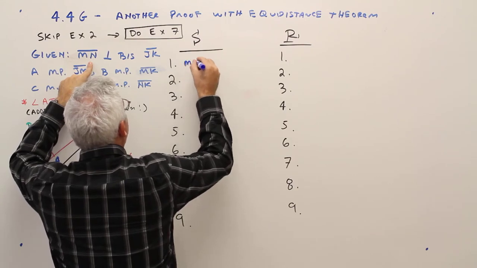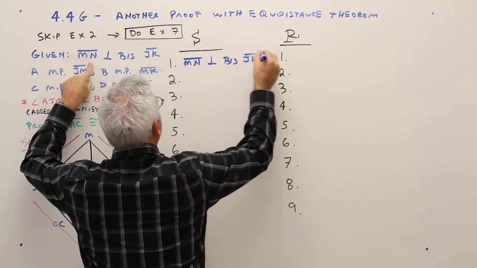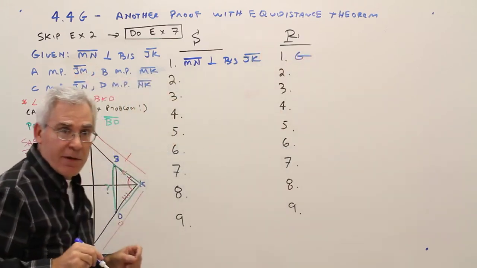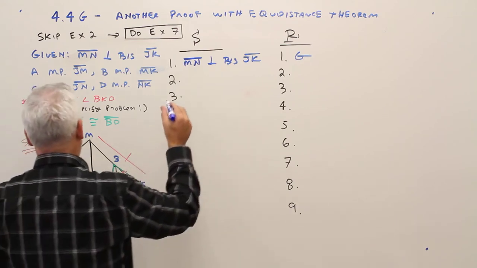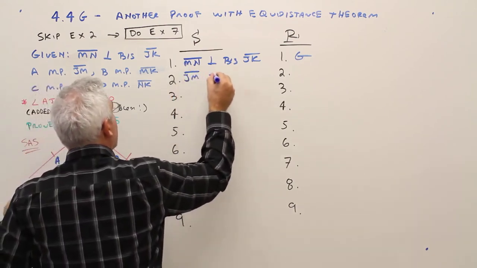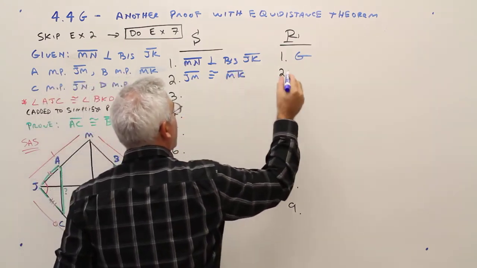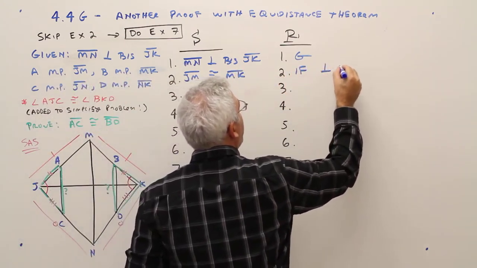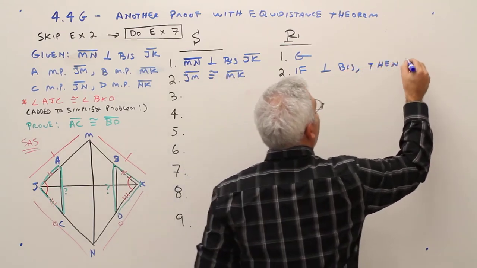So MN, perpendicular bisector of JK, given. From that, I got these segments to be congruent. JM is congruent to MK, if perpendicular bisector, then equidistant.